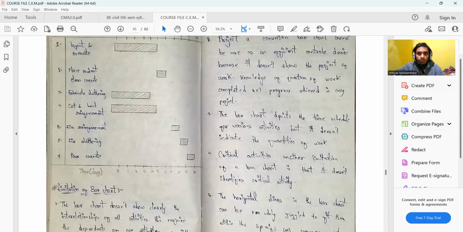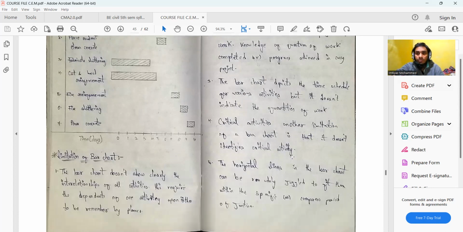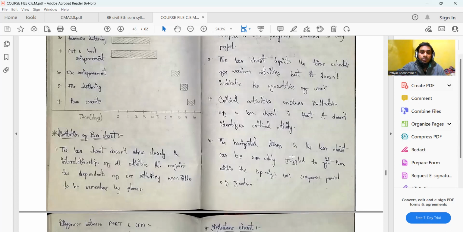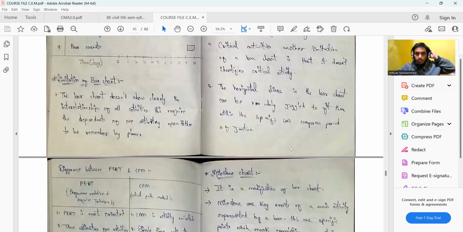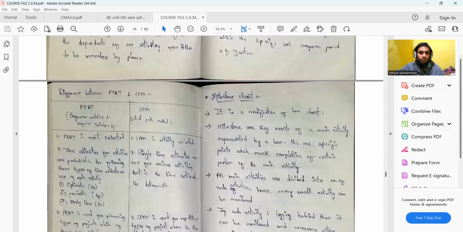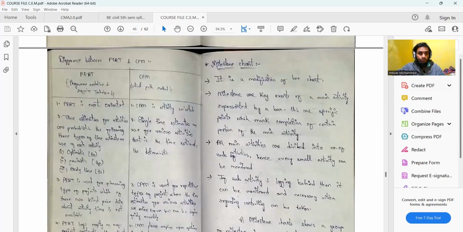It doesn't show the quantities of work, for example how much work has been completed, such as the sft of brickwork completed. It also doesn't identify the critical activities. The horizontal lines can be juggled to fit within a specific or compressed period, which is another disadvantage.